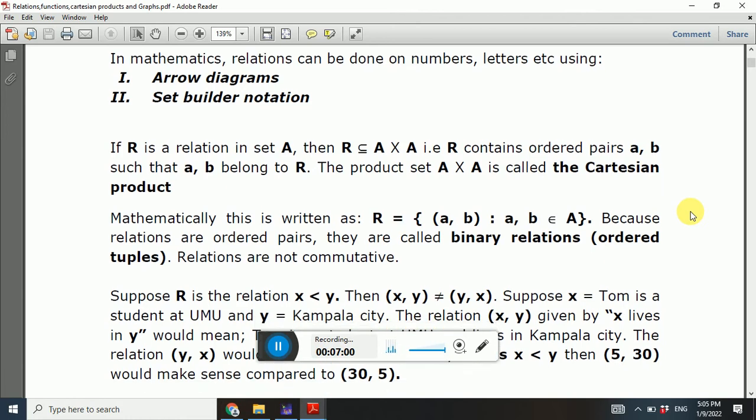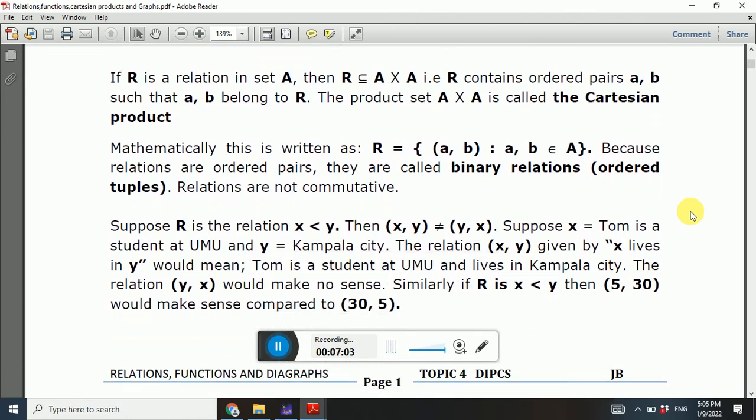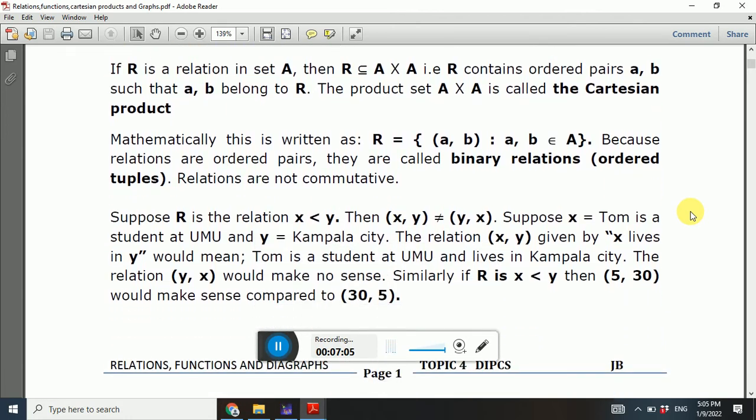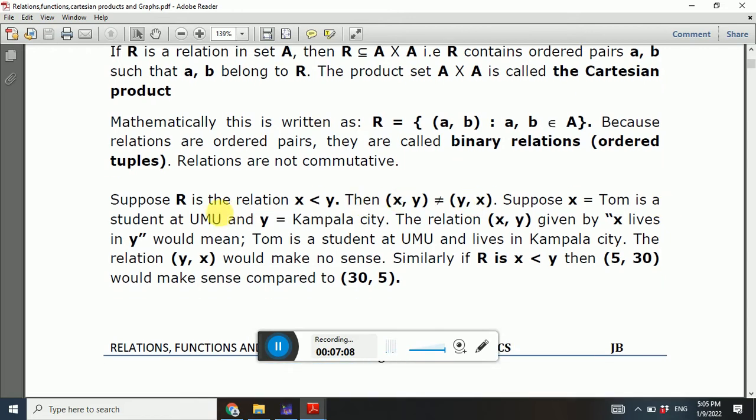Another very important thing which I want you to note is that if you have a relation, and now you know that a relation consists of a pair of 2 elements, right? So you have a relation xy, and you also have another relation yx. These two are not the same, because we've said that for you to have a relation, you get the elements from 2 sets.